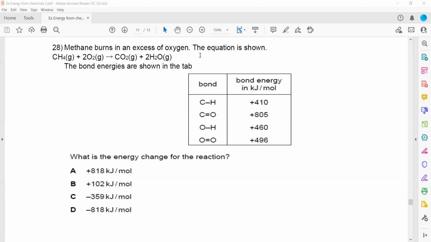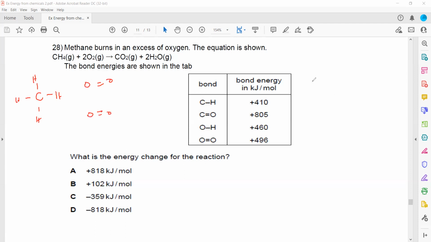Methane is there, reacting with oxygen. This one I want everyone to solve and state the right answer. I will show the bond. So methane is there, which is CH4. Oxygen is there, O double bonded with O.